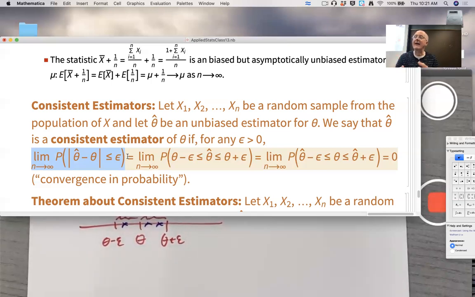And more than that, that probability goes to 0, if you want to get real close to theta itself. You know what? This is a typo. Sorry about this. I think I got a typo here.